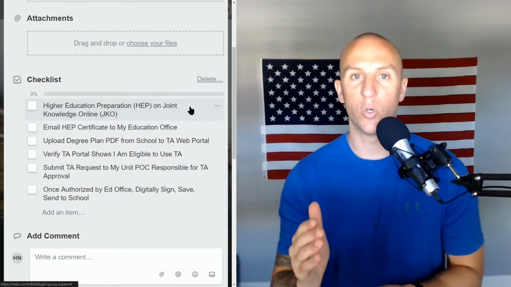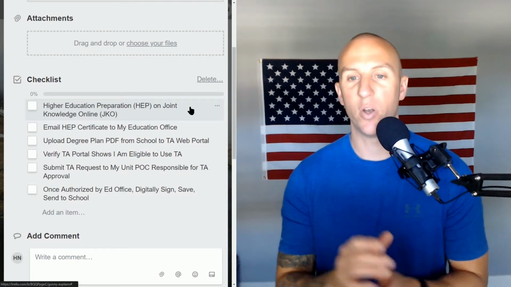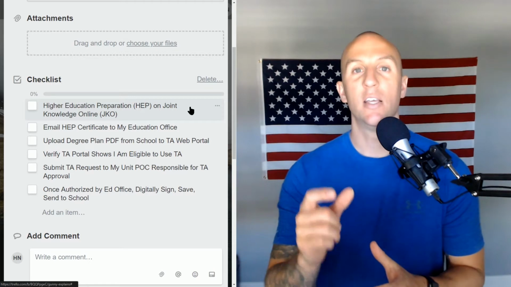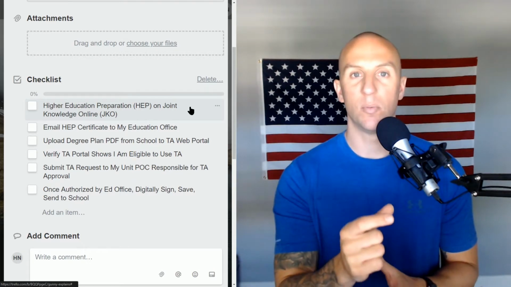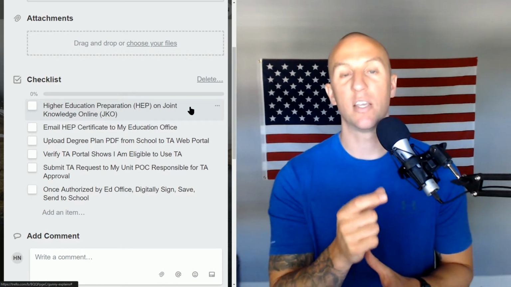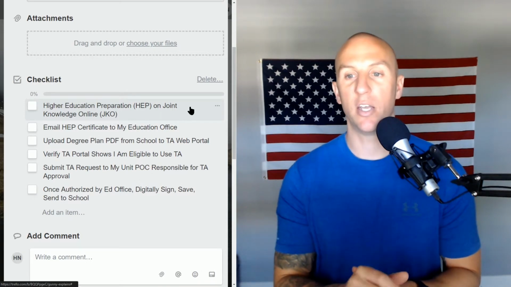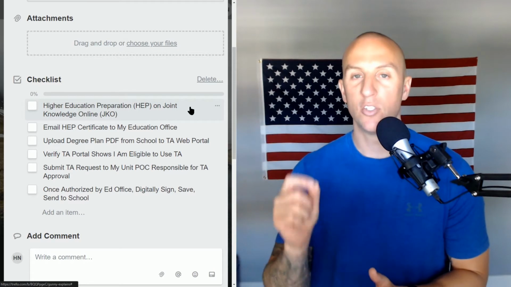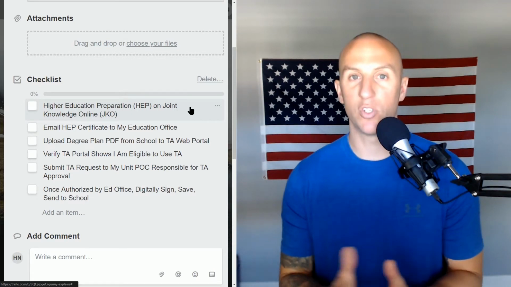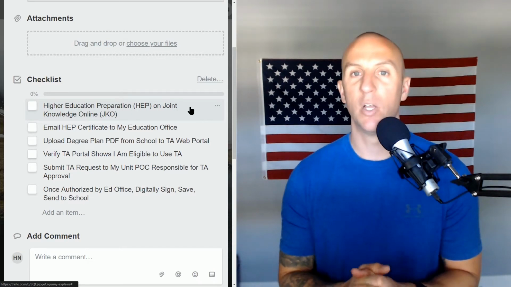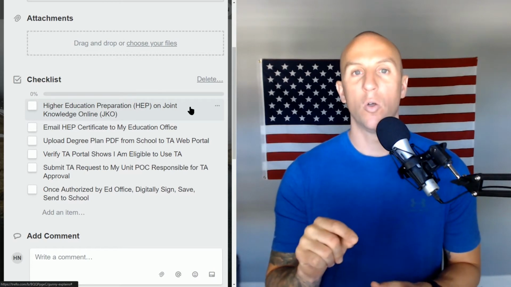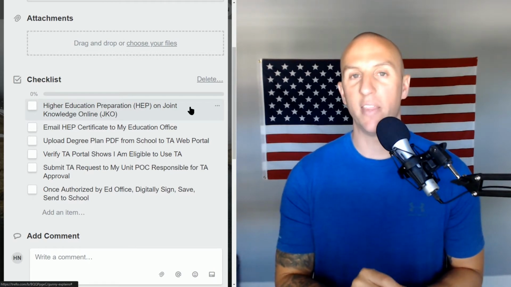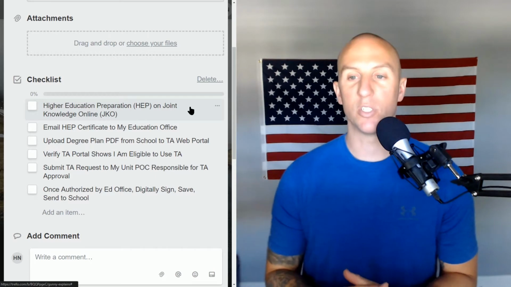It'll go to a unit POC first, and they're responsible for saying, yes, this member can fulfill these obligations, and they'll make sure that aligns with the op tempo of that unit. Once the unit representative, usually your company commander or some CO at some level, says you're good, it'll be approved by them and then go to the education office for authorization.